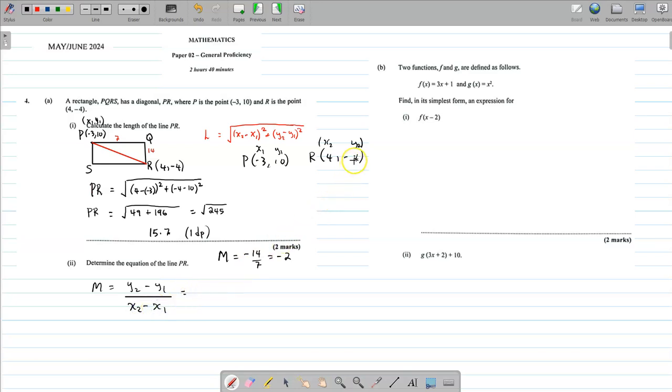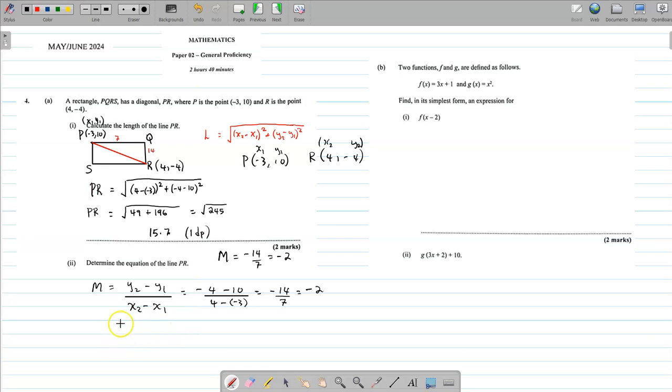So from this we have y2 as minus 4 and y1 as 10, so minus 10 there, all of that over x2, which is 4, and x1 there is minus 3, so it's going to be 4 minus minus 3. So that gives us minus 14 over 7, and we get minus 2. So it comes out the same.